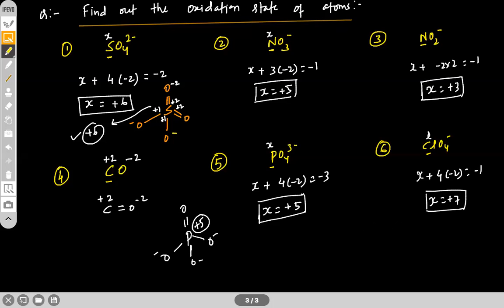ClO4 minus, the structure is chlorine with double bond O, and since you have one negative charge, yes, that's right: 3 double bonds and 1 single bond. At least we can have this much of an idea. If you understand this, it is enough for this chapter. Like I said, chemical bonding will discuss how to determine the structure of any ion or molecule. Now you see +2, +2, +2, +1, +7.